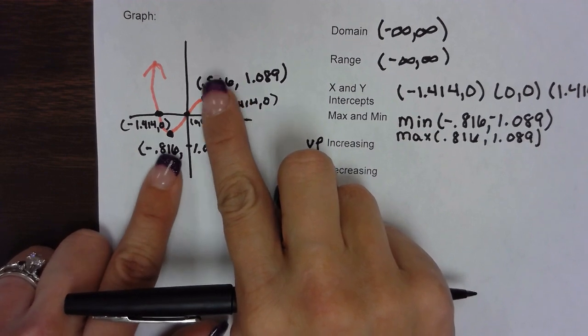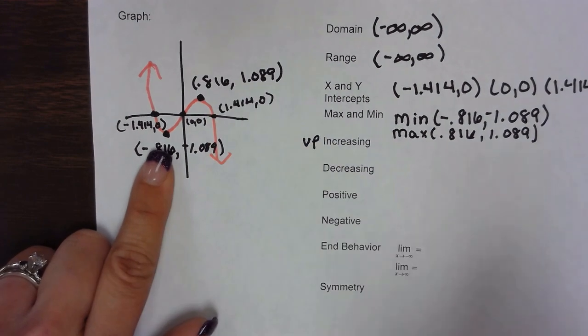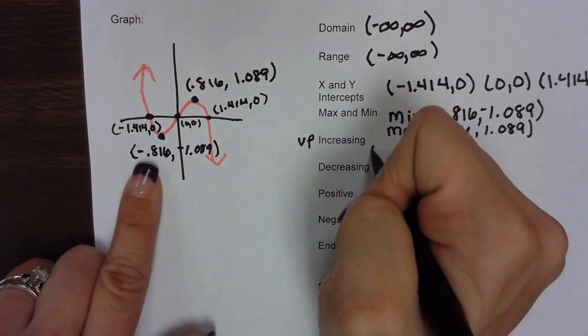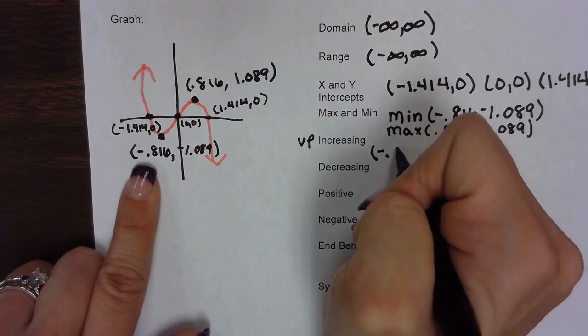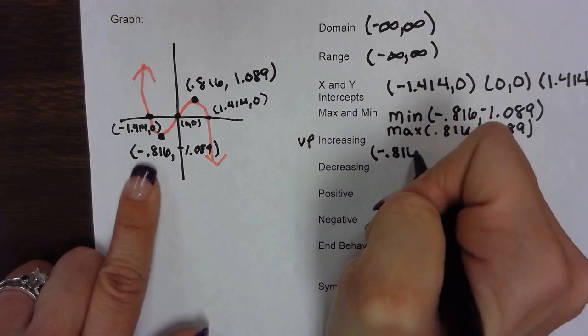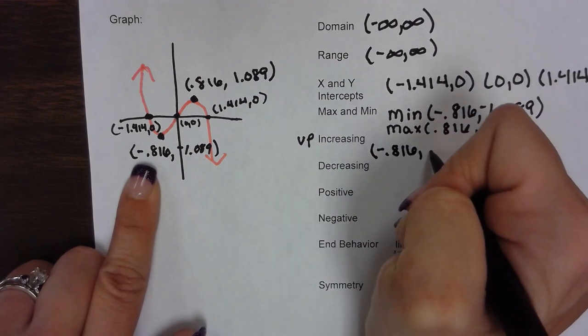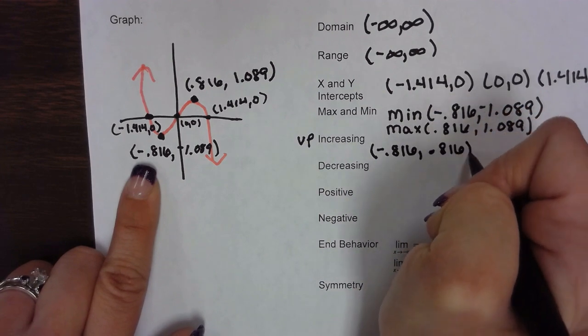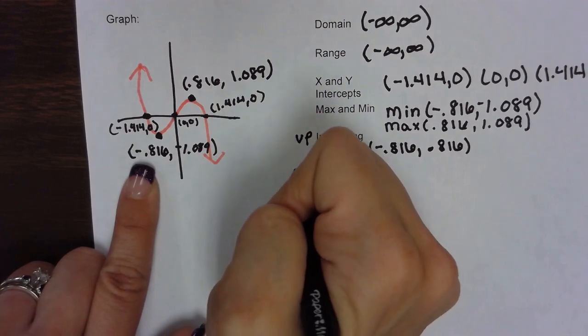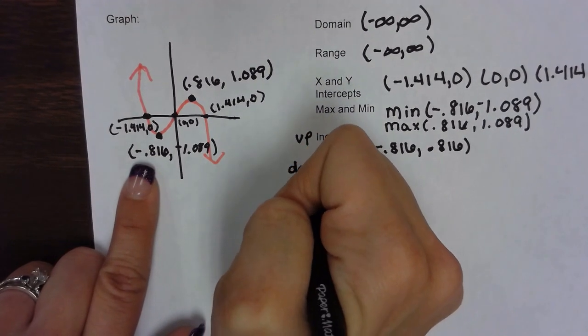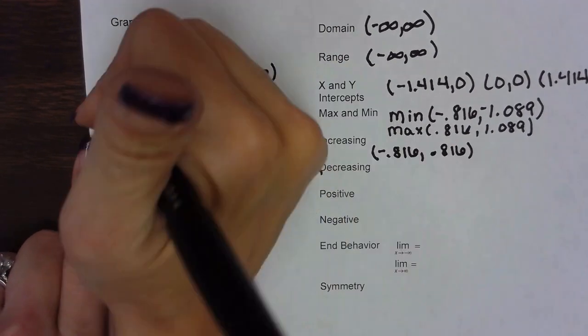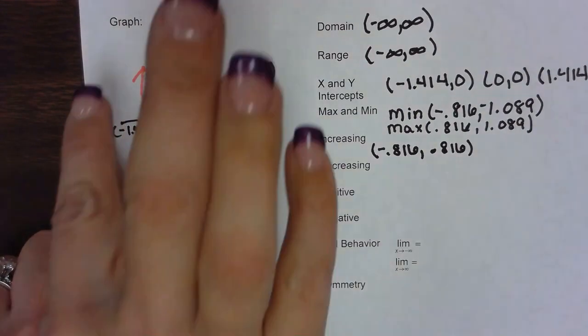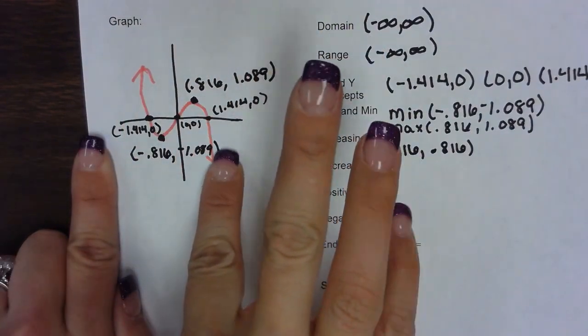So I'm only going to use that 0.816 value. So our lowest is negative 0.816, and it keeps increasing to 0.816. Decreasing is where it goes down. And what do you know? I see 2 parts that it goes down, right here and right here.